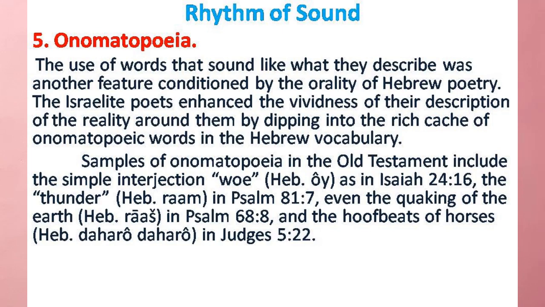Even the quaking of the earth, ra'ash, is also used as an onomatopoeic word, in Psalms 68 verse 8. And the hoof beats of horses, daharot, daharot: when it is pronounced fast, it gives the hoof beats of the horses. That we can see in Judges chapter 5 verse 22. So this kind of use of words is called onomatopoeia.